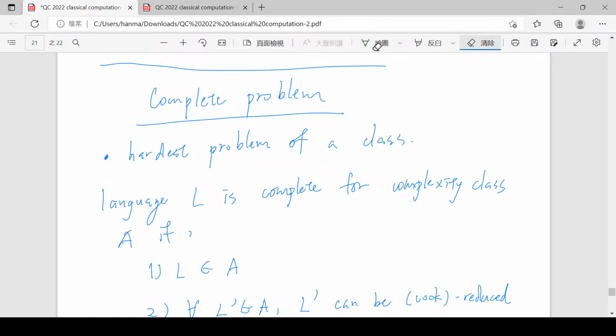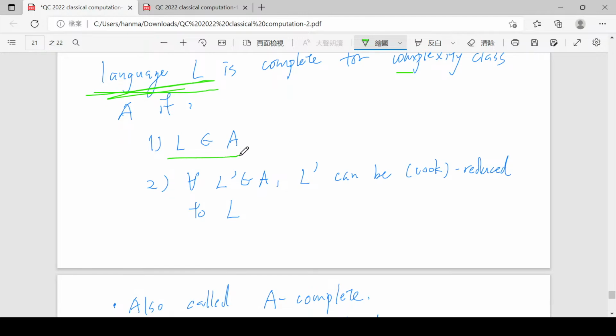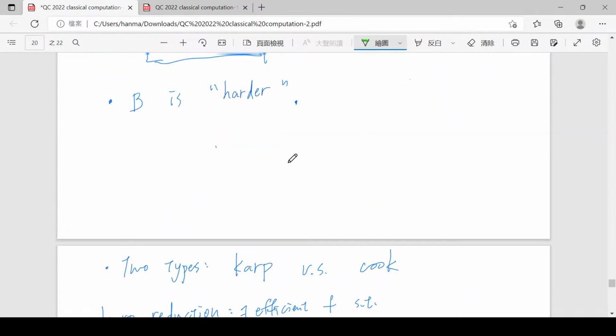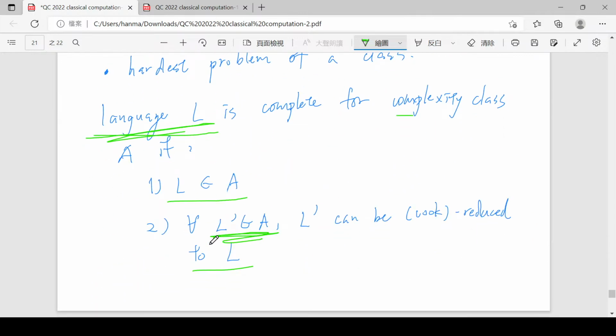So intuitively it is this, and more formally, we say a language L, so some kind of problem, is complete for some class A if first it is inside A, okay, and second that any problem in A can be reduced to L. So this means that if you can solve L, then you can solve any problem in A by coding.